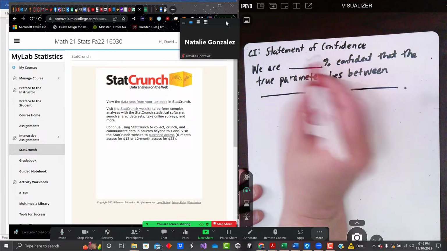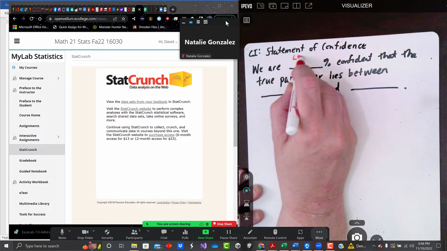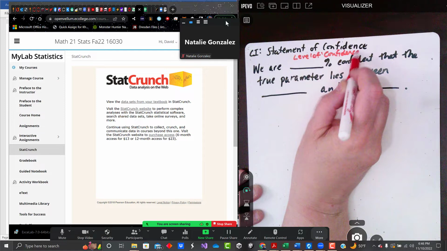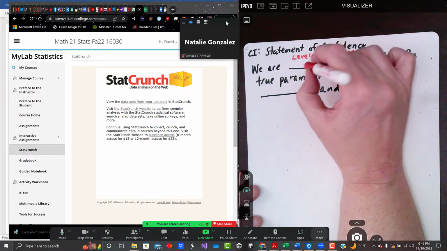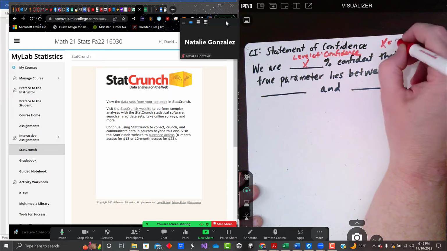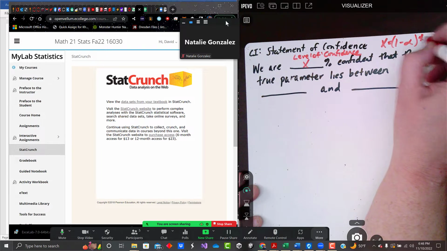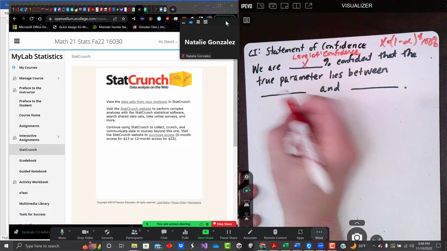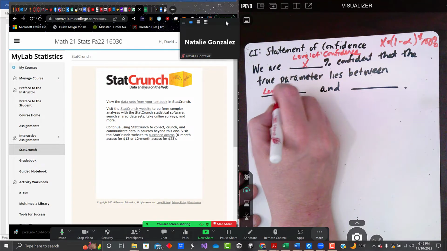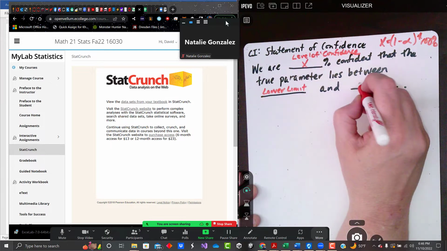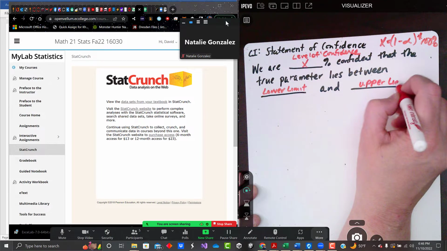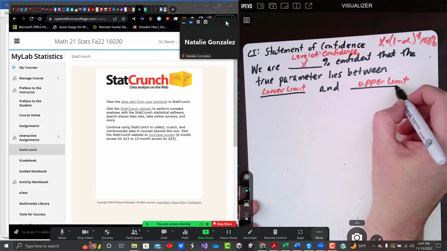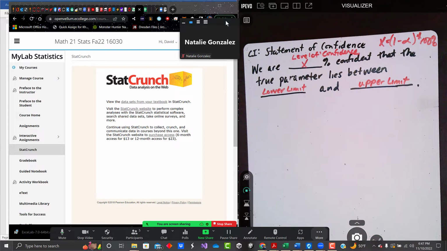This is our level of confidence, and I'm going to call it X. X is the 1 minus alpha or 1 minus 2 alpha times 100%. And when we did this, we would get a lower limit and an upper limit. That's a basic form of a confidence interval statement of confidence.